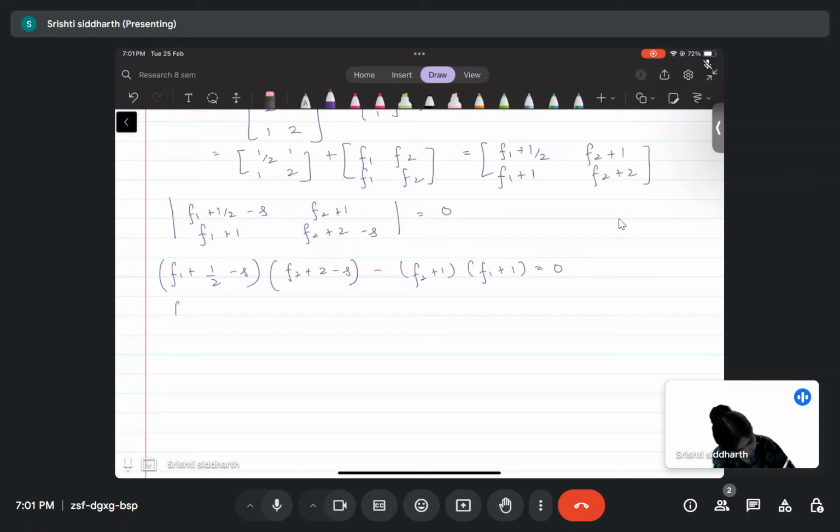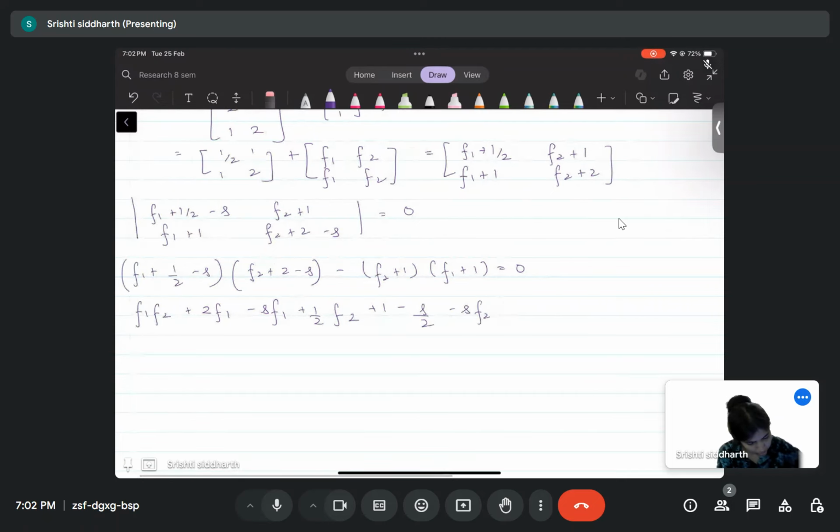So we have f1 f2 plus 2 f1 minus s f1 plus half f2 plus 1 minus s by 2 minus s f2 minus 2s plus s square, and we have minus f1 f2 minus f2 minus f1 minus 1 equals 0.